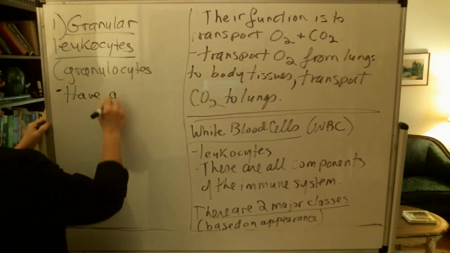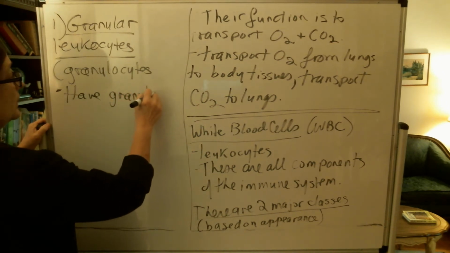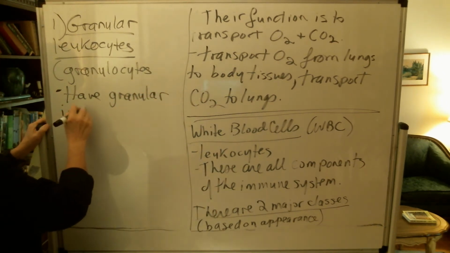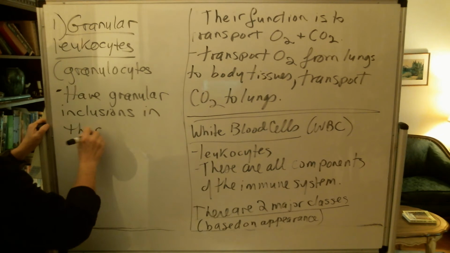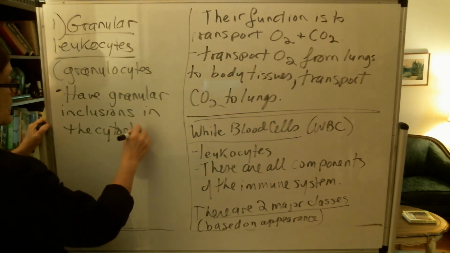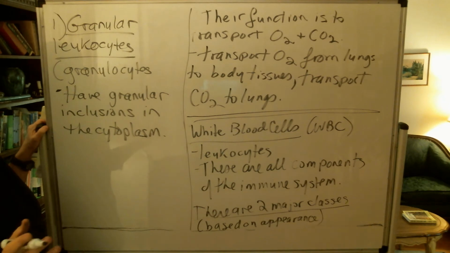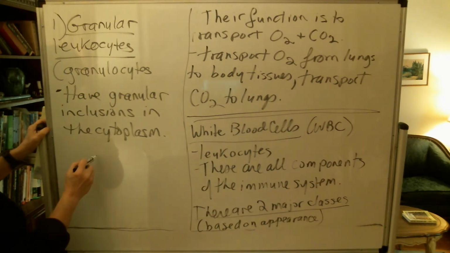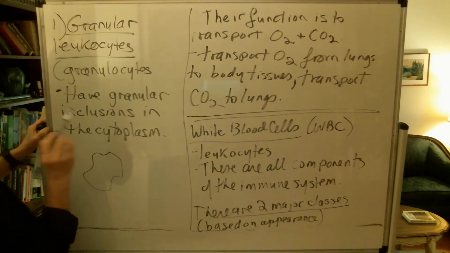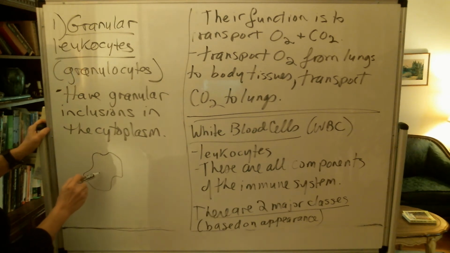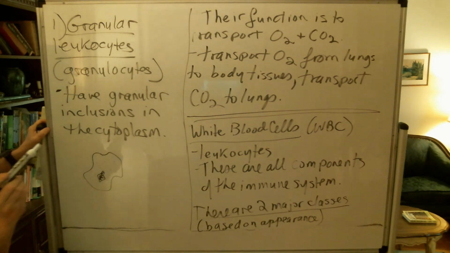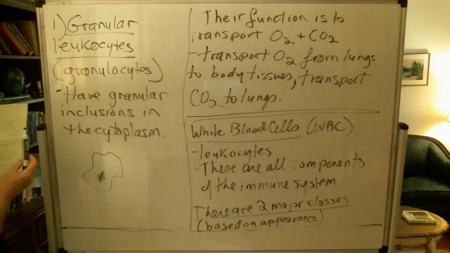These have what are called granular inclusions in the cytoplasm. Okay, what did I just say? You recall cytoplasm, that's the fluid inside a cell. So the point is, if you have a granular leukocyte, then inside the cell, in addition to the nucleus and whatever else it may have, you will see these dots, these things that look like grains. Those are the granular inclusions.